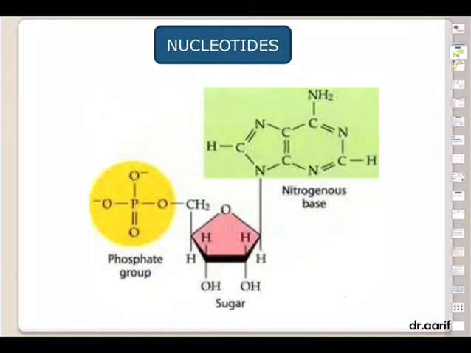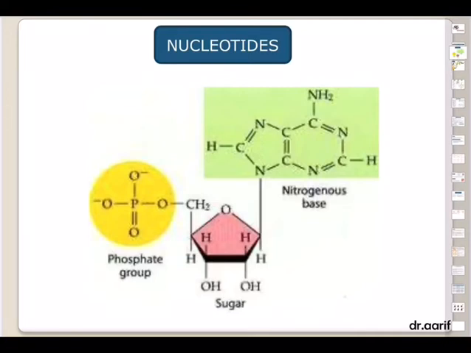And what is a nucleotide made up of? First, you must remember there is a nitrogen base. Look at the nitrogen molecules present there. Nitrogen base. And then one sugar molecule. This is the sugar we are talking of, ribose sugar. It's a pentose. Penta means five sides are there, you can see. So there is a pentose sugar. And then to that pentose sugar, on one side, a phosphate group is attached.